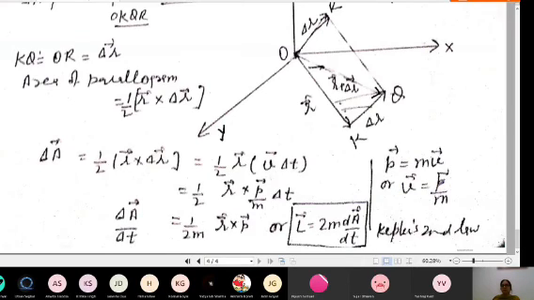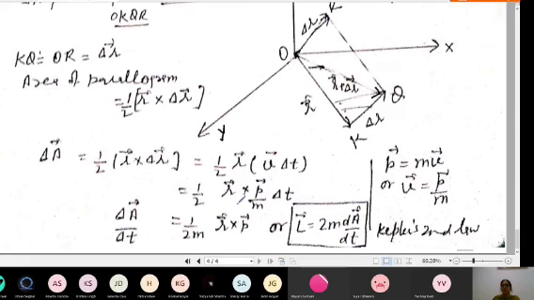By the definition of linear momentum, p equals mv, so v can be written as p upon m. If I put this value of v here, I get 1/2 r cross p divided by m into delta t.